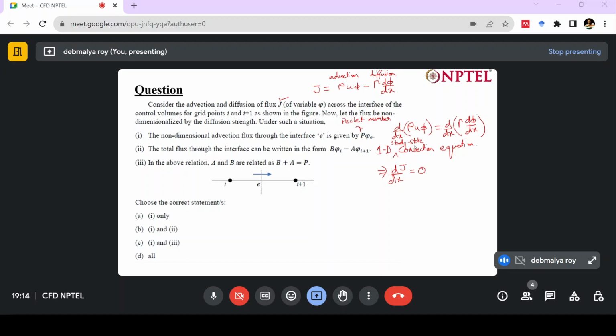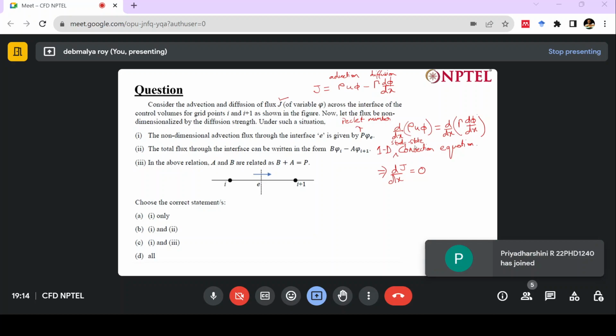So this is advection divided by diffusion. If we have a high Peclet number, that means there is very low diffusion and very high advection, whereas a very low Peclet number will be very diffusion driven.